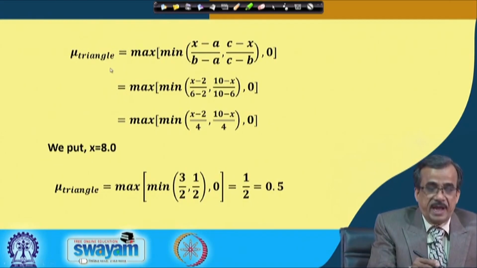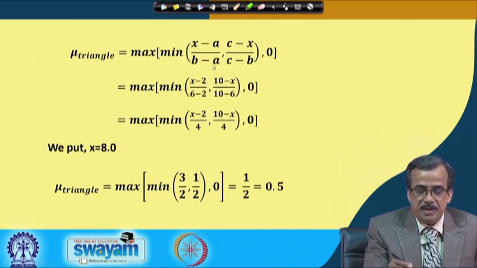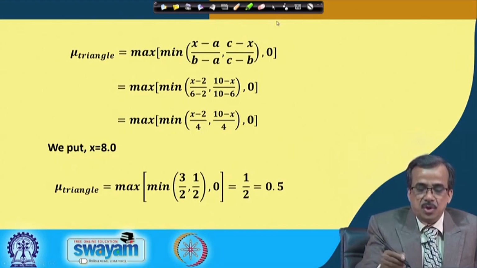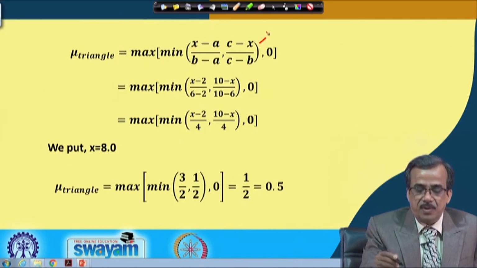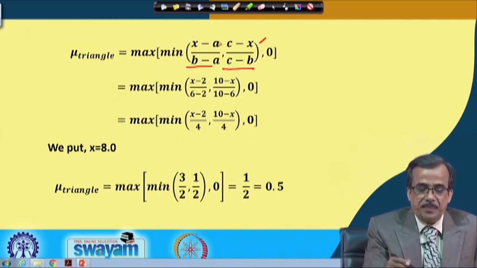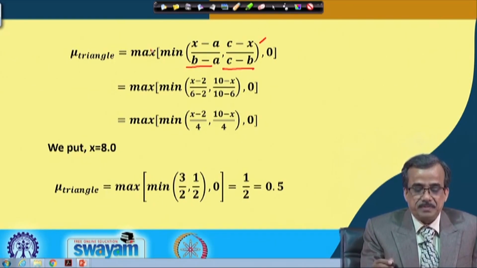Now, this mu triangle is nothing but the maximum of the minimum between (x minus a) divided by (b minus a), comma (c minus x) divided by (c minus b). So, you will have to find the minimum between these two, and after that compare this minimum with 0 and find the maximum.